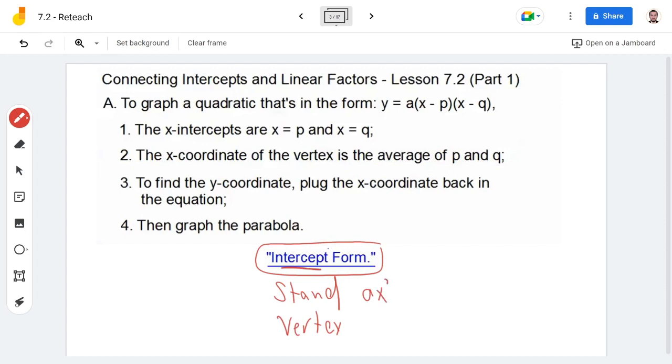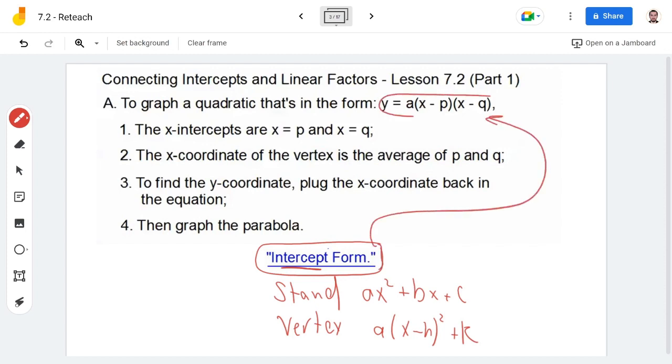Standard form is ax squared plus bx plus c. Vertex form is a times x minus h to the power of 2 plus k. What is the intercept form? This is the intercept form: y equals a times x minus p times x minus q.